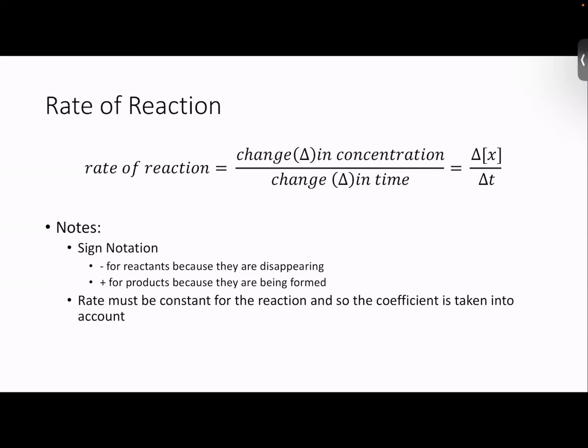You can't have them being different. So therefore, we do have to take our coefficients into account in the instantaneous rate. So let me illustrate, and then let me illustrate the math you can do with it. And then we will be done.